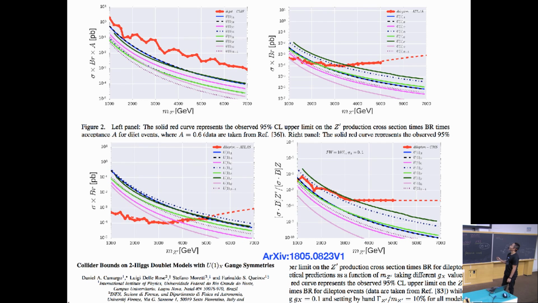For example, this one is almost ruled out. All this parameter space for this model is ruled out below 5,000 GeV, but the others are still okay. So even if they come from the same idea of extending with a gauge symmetry, they can of course behave differently because they have different charges.